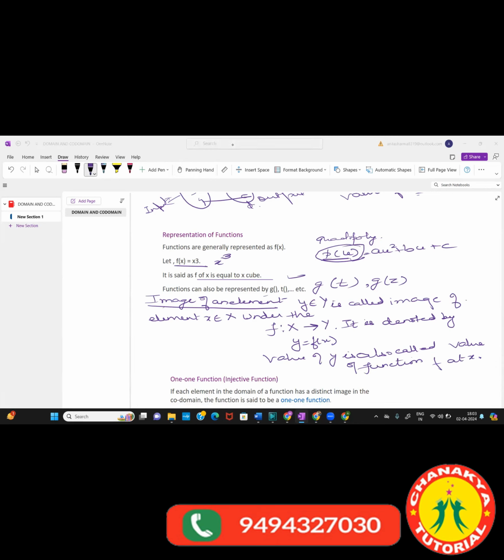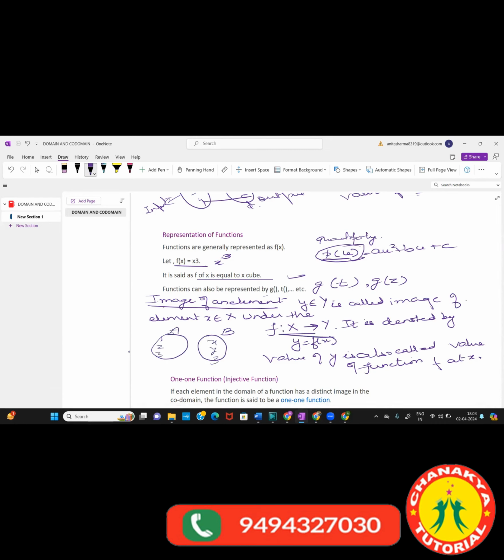Understood, Dhanunjay? Ma'am, could you explain it again? Yes, beta, I will explain it. See, what do you mean by the image? This is your set A. Mapping is this, set A and set B. Here the elements are 1, 2, 3. Here the elements are x, y, z.